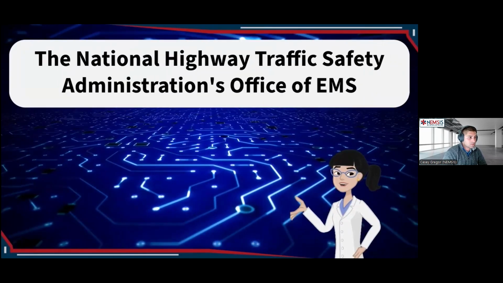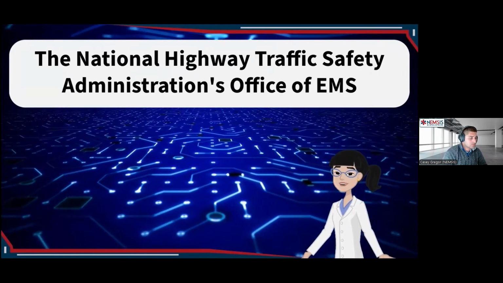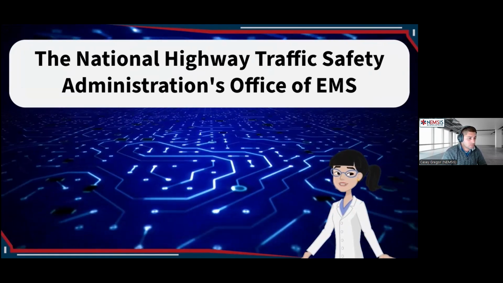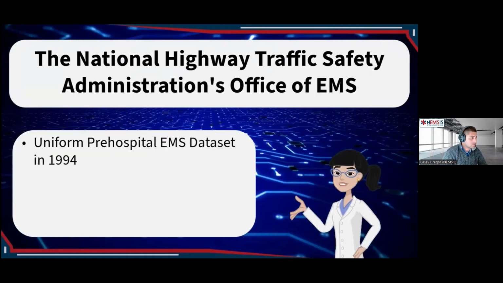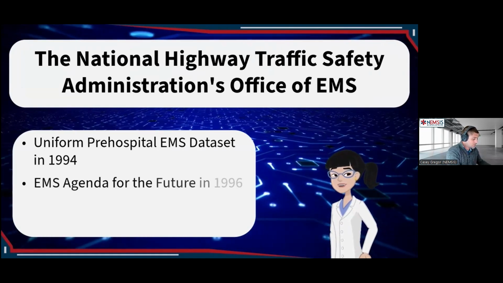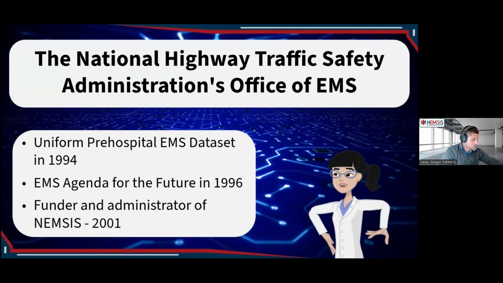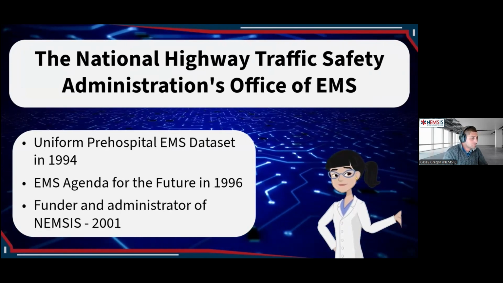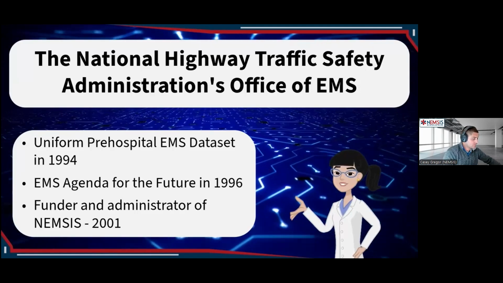The National Highway Traffic Safety Administration's Office of EMS continued to develop national data reporting and field practice standards, leading to the Uniform Pre-Hospital EMS Dataset in 1994, the EMS Agenda for the Future in 1996, and becoming the funder and administrator of the National Emergency Medical Services Information System upon its founding in 2001.